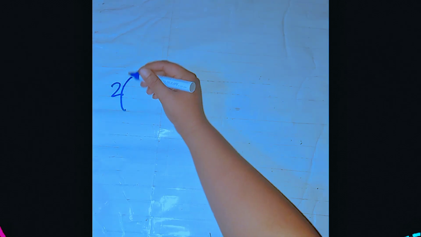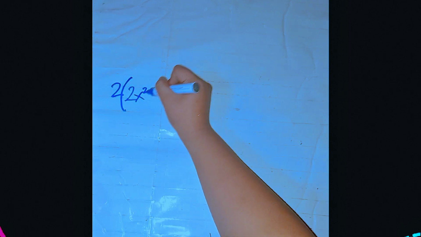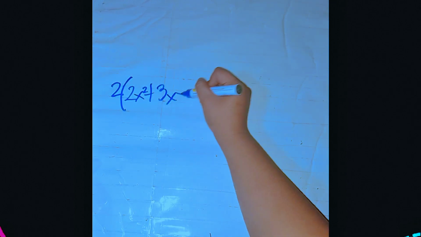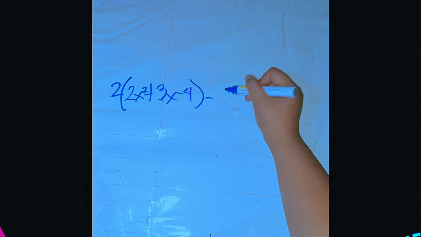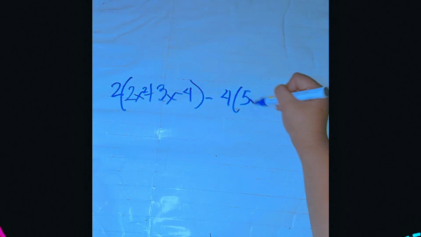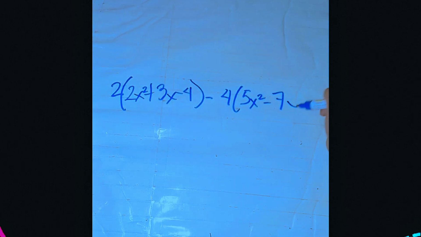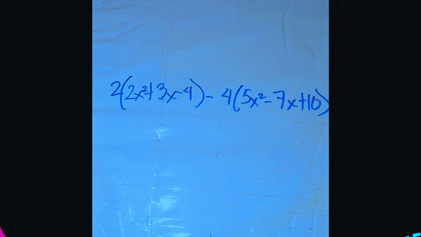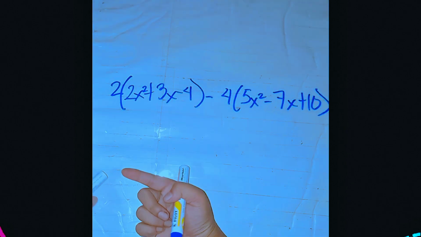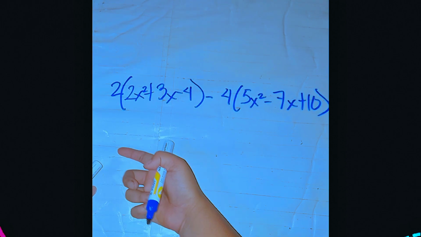What if you were to subtract this equation? 2 times 2x squared plus 3x minus 4 minus 4 times 5x squared minus 7x plus 10. In here, you'll have to simplify each polynomial first.